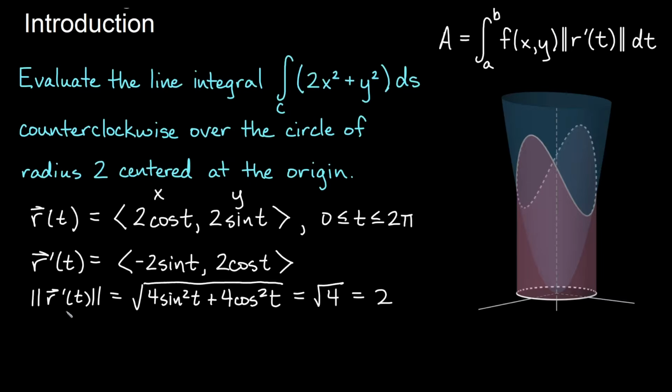So I'm going to go ahead and begin my integral. So I will have that my area is equal to the integral from a to b, which is going to be from 0 to 2 pi. Those are my t bounds.